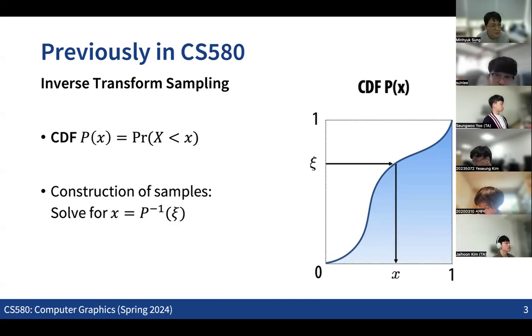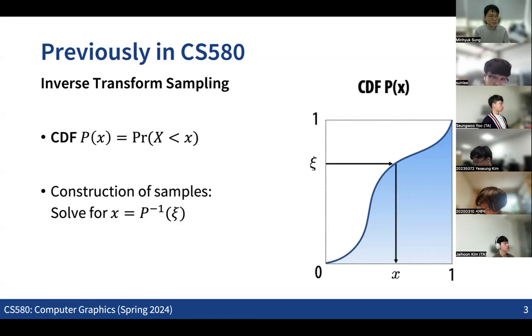So we draw the samples using the inverse of the CDF, which means that we should be able to compute not only the CDF, but also the inverse of the CDF, to draw the samples based on the probability distribution.